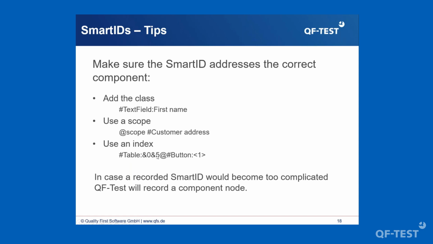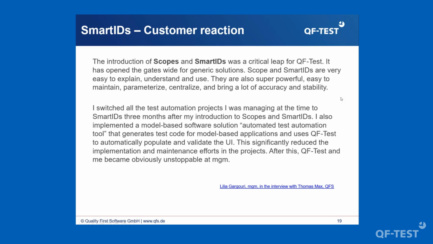Then you have the normal index that you know from component nodes addressing the cell. Then you have the add hash. That means that's a nested SmartID, and then the button in that table cell. And here we are addressing the second one because the index starts at 0. So that's the second one. Right.